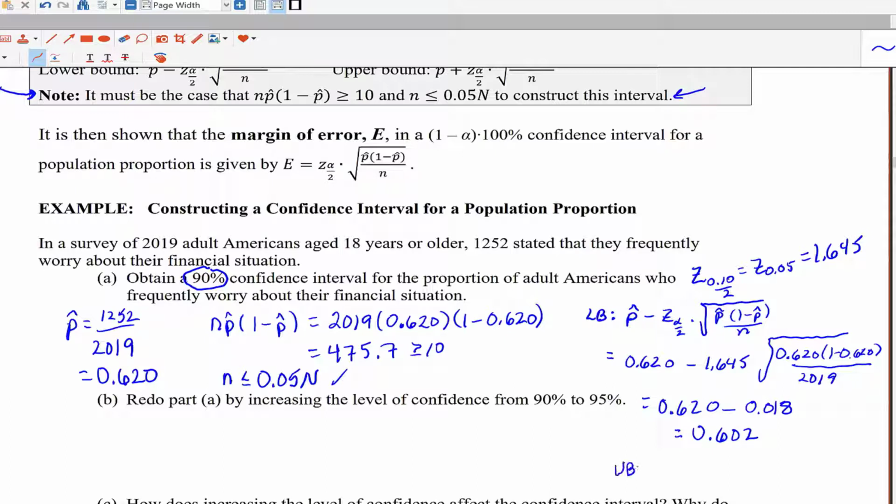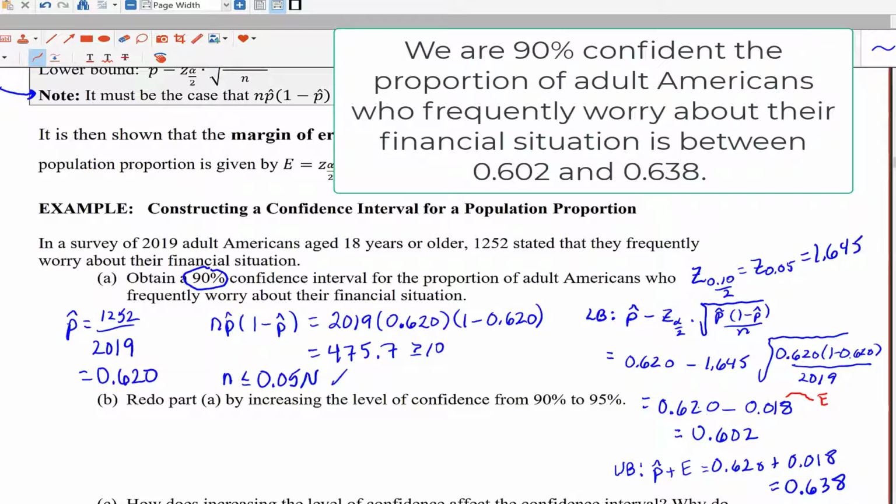Now for the upper bound, that's just p hat plus my margin of error. And by the way, my margin of error is that 0.018. So I don't have to redo all these computations now. I can just do 0.620 plus 0.018, and I get 0.638.